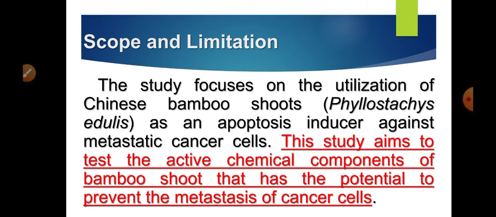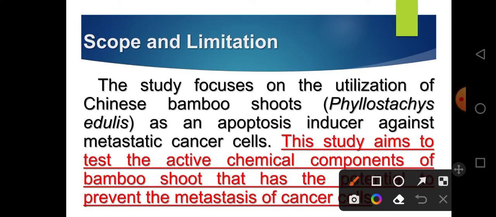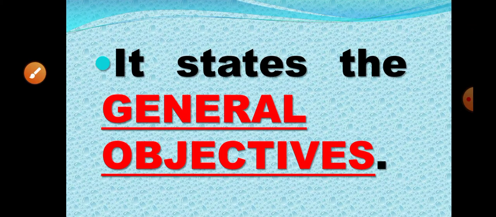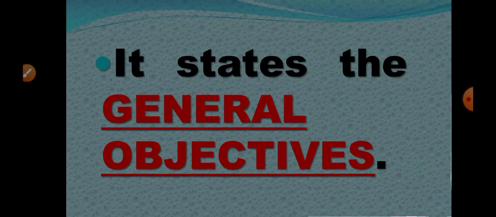From the clue phrase "this study aims," it means that our scope also states the general objective of our study. After introducing your IV and your DV, you must then state your general objective.